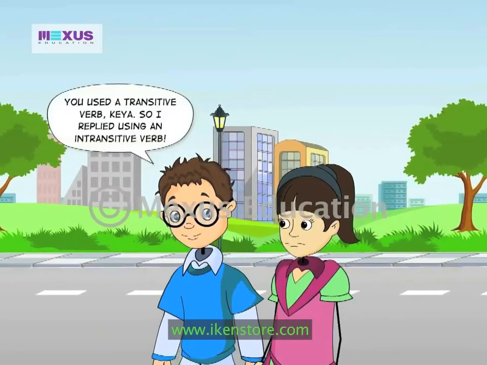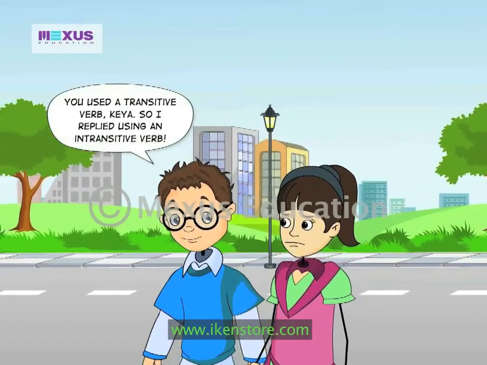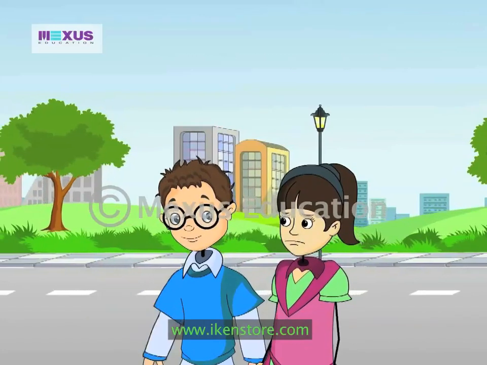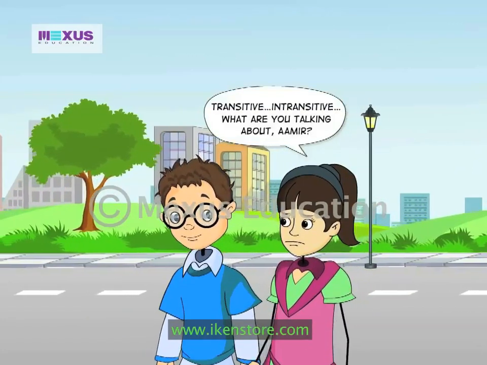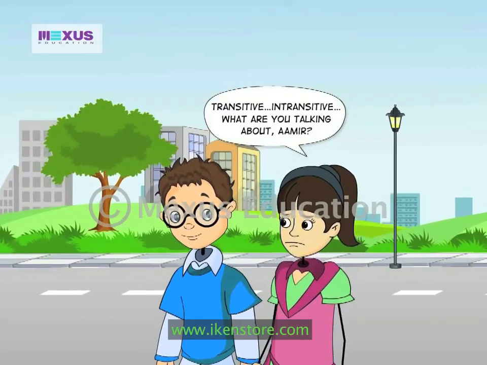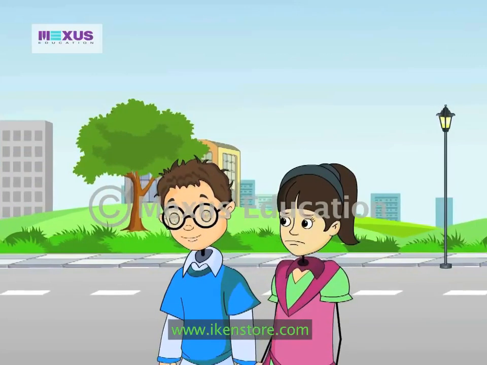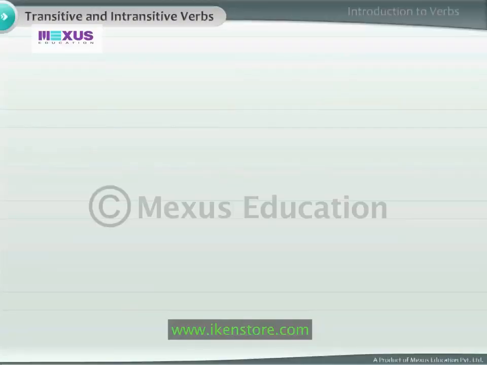He informs Keya that she used a transitive verb and that he replied using an intransitive verb. Since Keya does not know about these verbs, Amir decides to teach her about it on the way to the bakery. Let us also learn about transitive and intransitive verbs.